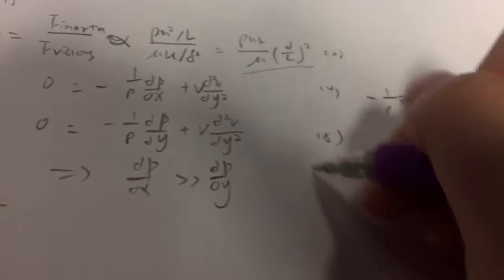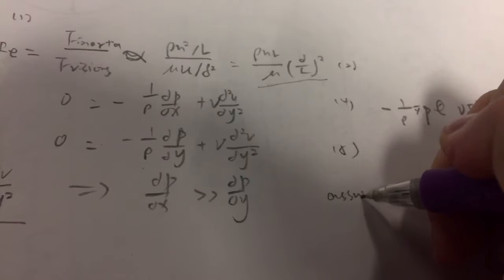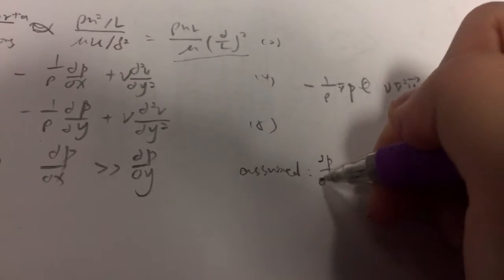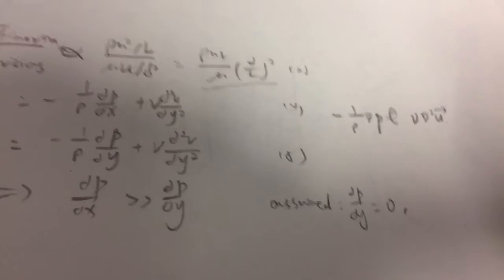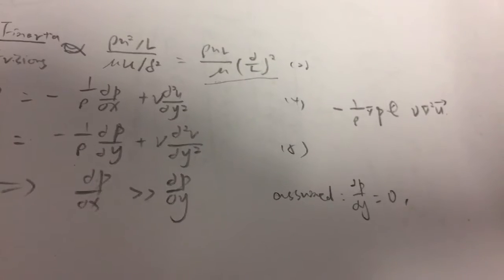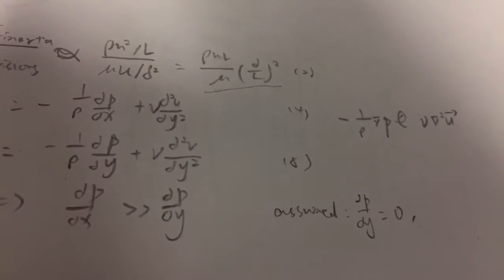So if we assume that this is equal to 0, then the pressure is a function of x only. So the following equations can be simplified.